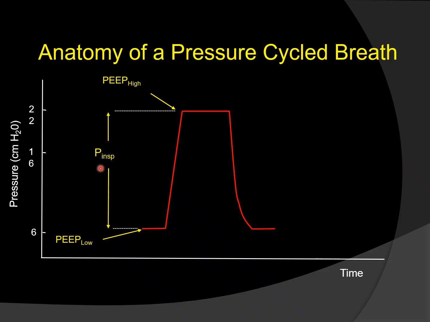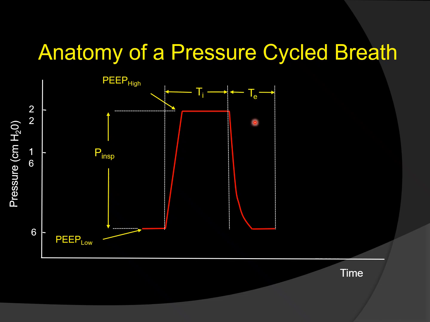So here I'm labeling this as the inspiratory driving pressure or the inspiratory pressure. We also have a certain amount of time we hold the pressure at high, which is the inspiratory time, or T sub I. There is a T sub E in this example.